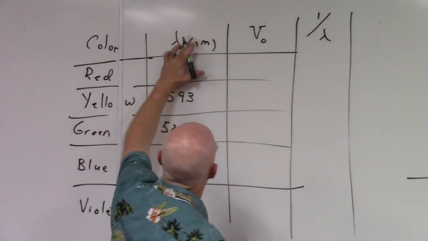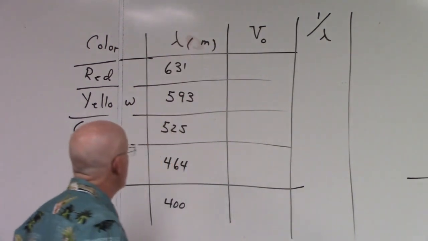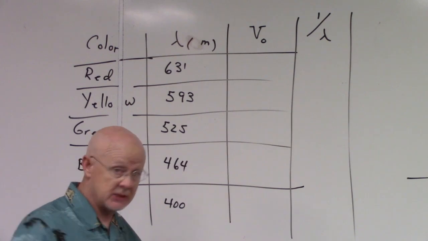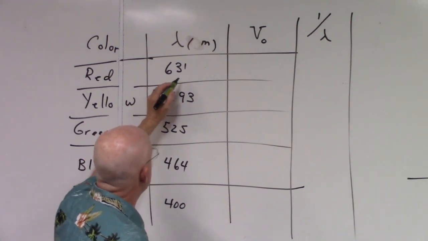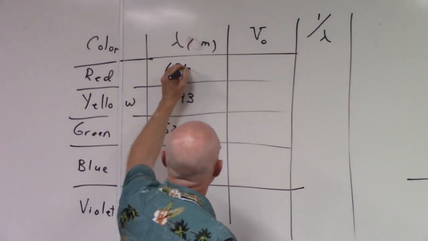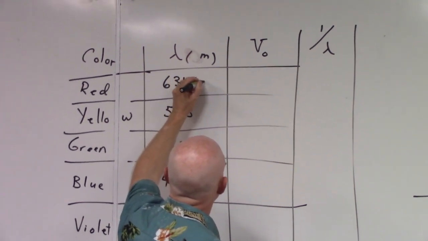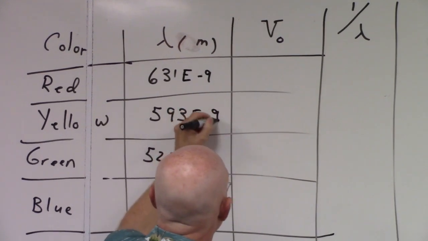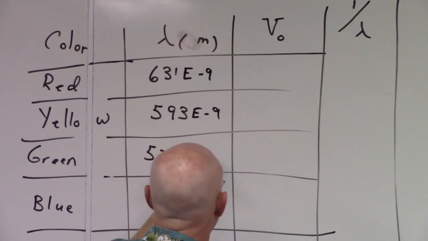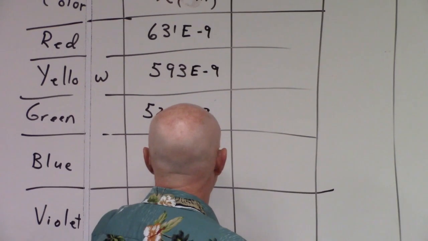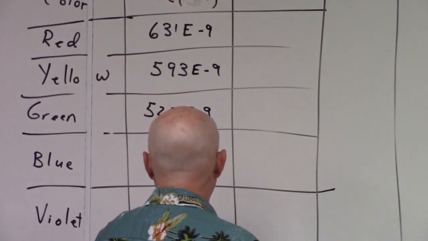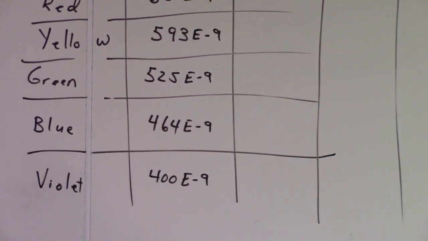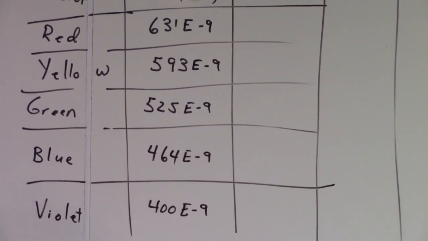So let me take away the nano, and then when you type it into graphical analysis, type it in as 631 E negative 9, and so on for the others. Okay? That's how graphical analysis will let you do really small numbers.